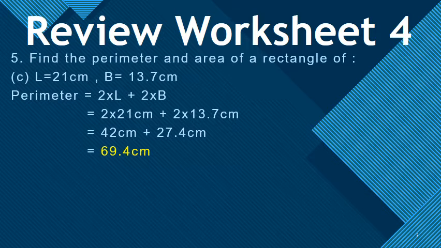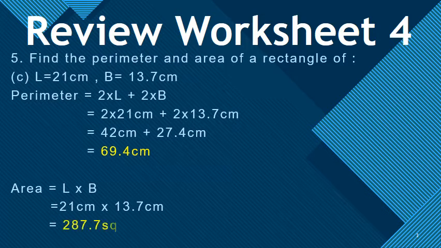Now let us come to the area of this rectangle. So area is equal to length multiplied by breadth. So length is 21 centimeter and breadth is 13.7 centimeter. So 21 centimeter multiplied by 13.7 centimeter.